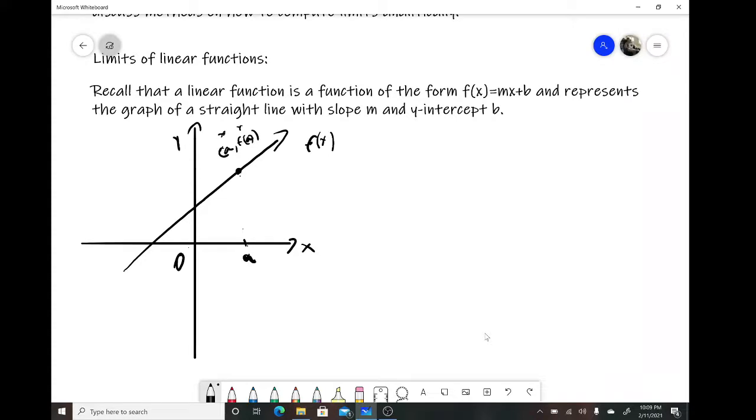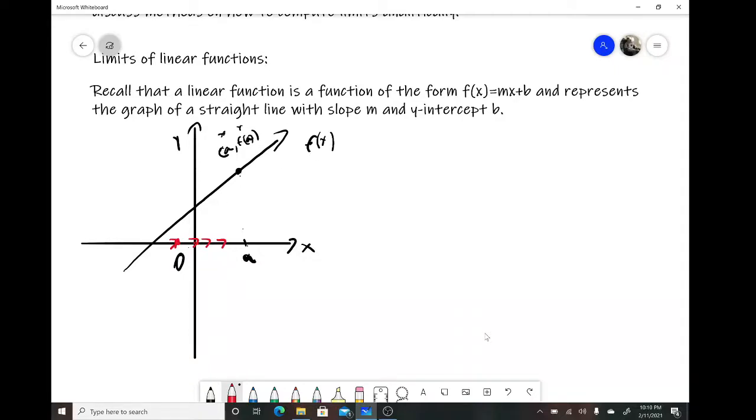Well, from what we learned last time, as we approach a on the x-axis from the left side, these x values here, 0, negative 1, 1, 2, and so on, all have outputs on f of x.